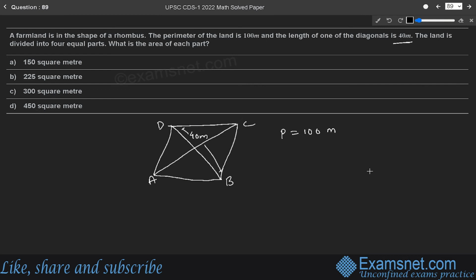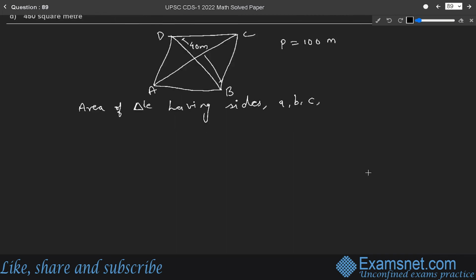So first let us talk about what will be the formula for the area of a triangle having sides A, B and C. The area will be equal to the square root of S into S minus A into S minus B into S minus C. This is Heron's formula, where S is the semi-perimeter.